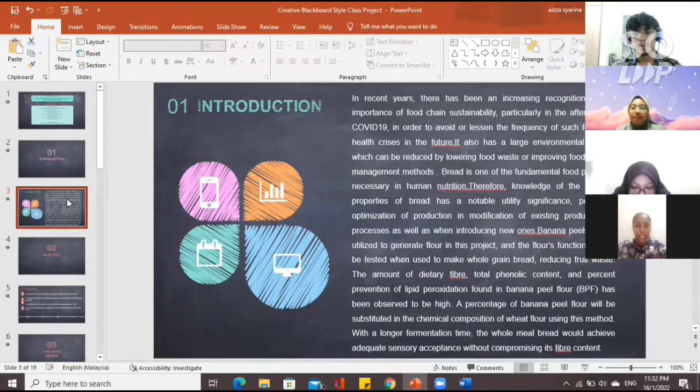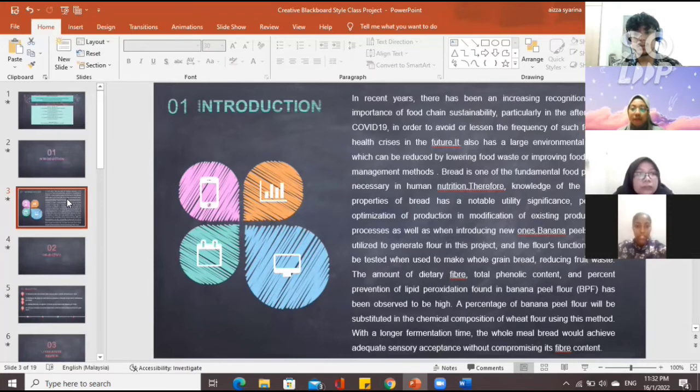Bread is one of the fundamental food products necessary in human nutrition. Therefore, knowledge of the physical properties of bread has notable utility significance for permitting optimization of production, modification of existing products and processes, as well as when introducing new ones.